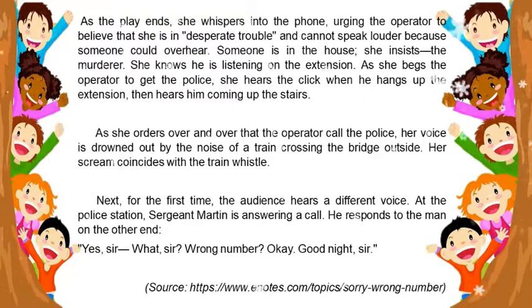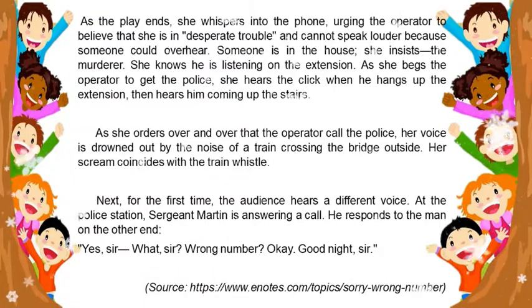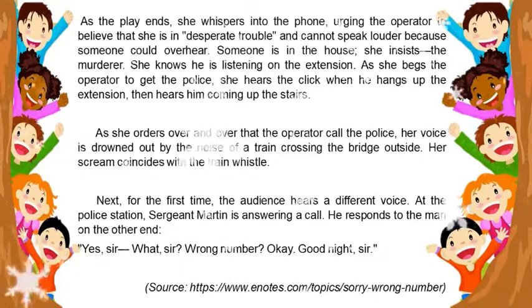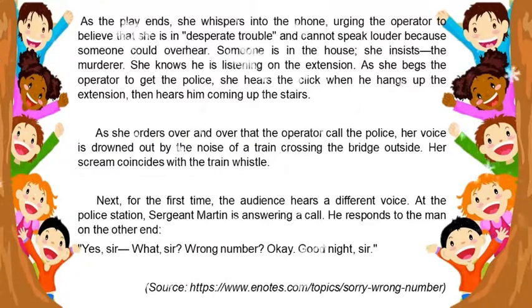As she begs the operator to get the police, she hears the click when he hangs up the extension, then hears him coming up the stairs. As she orders over and over that the operator call the police, her voice is drowned out by the noise of a train crossing the bridge outside. Her scream coincides with the train whistle.